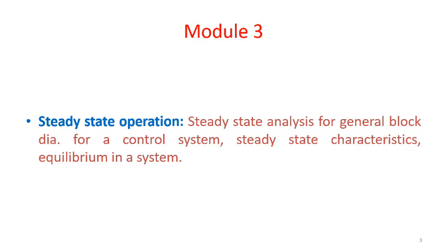In the previous class we studied the steady state analysis for a given general block diagram for a control system, and steady state characteristic equilibrium in a system. In this session we are going to solve some numericals related to steady state errors.